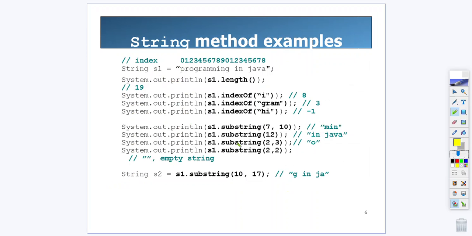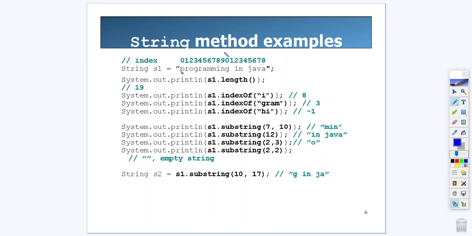So let's walk through this example. Let's create a string variable with identifier S1, and we're going to make it "programming in Java". Now each of these characters has a position number, and we start counting at 0. So this is 0, 1, 2, 3, 4, 5, 6, 7, 8, 9, 10. I'm saying 0 just to make it simpler, because then I'm not pushing my numbers over.